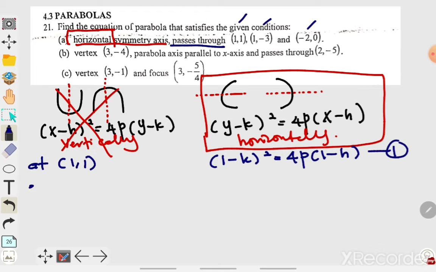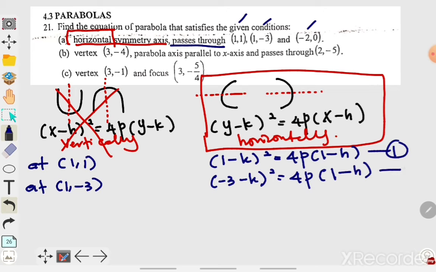At the point (1, negative 3), replace x and y here. So you have (negative 3 minus k) squared equals 4p times (1 minus h), and this is the second equation. The last point is located at (negative 2, 0).